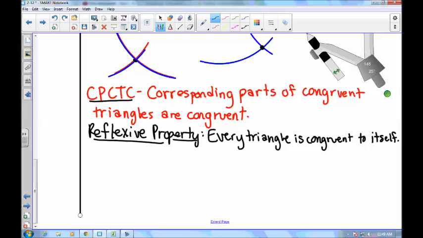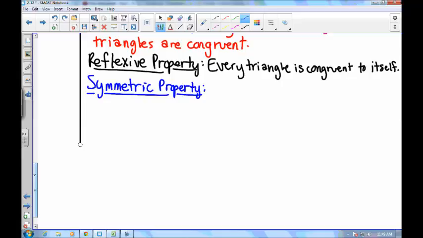The transitive, actually let's do symmetric first. The symmetric property says if triangle ABC is congruent to triangle DEF, then the reverse is also true.